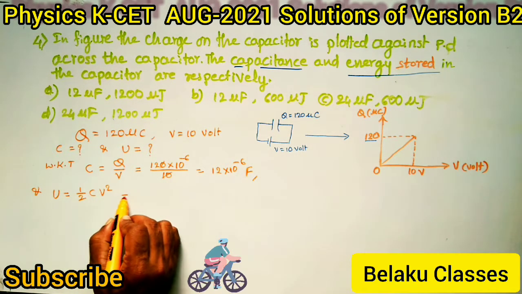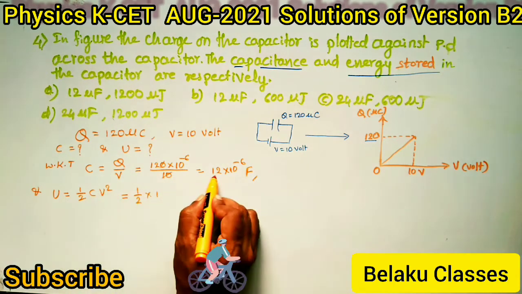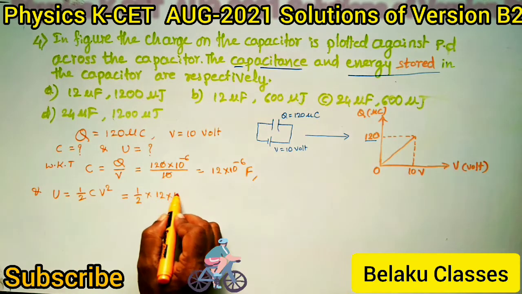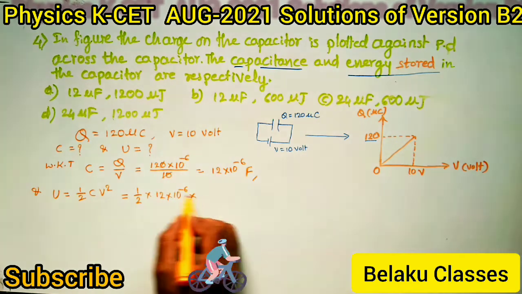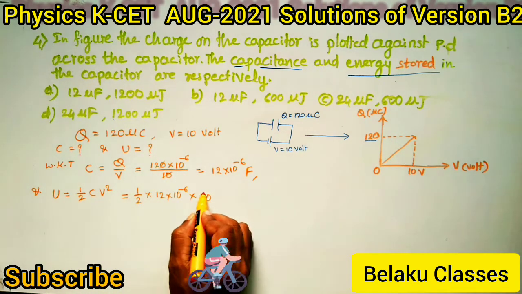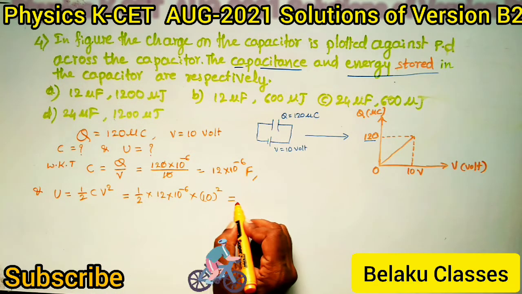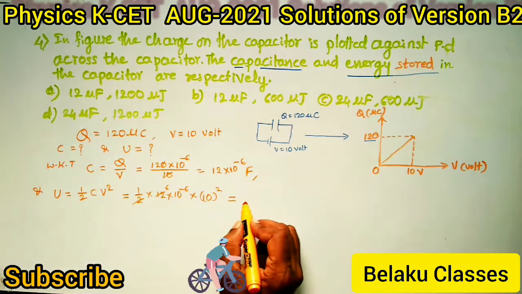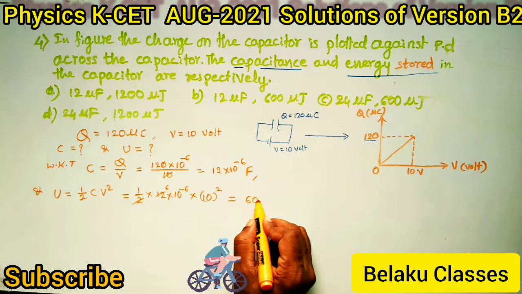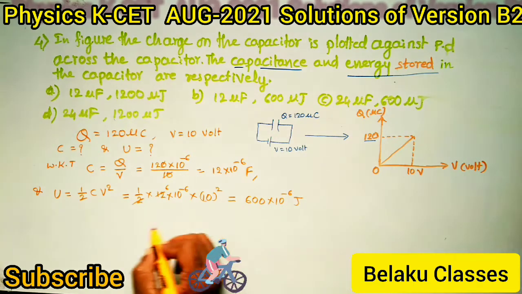Therefore putting those values we get half into C is 12 into 10 to the power of minus 6 into V is 10. So V square means 10 square. So this is equal to, simplify this one and I will get 600 into 10 to the power of minus 6 joules.